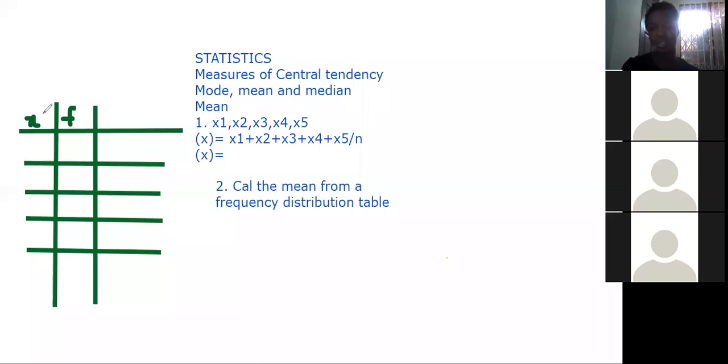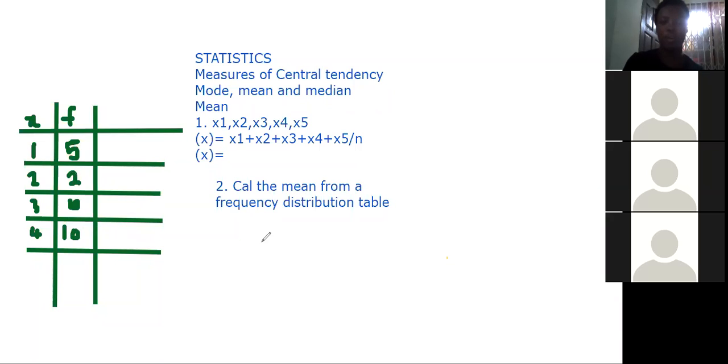So for instance, if they give you these values, let's say 1, 2, 3, 4, then maybe the frequencies are 5, 2, 6, and 10.